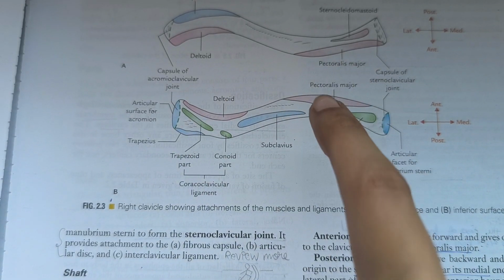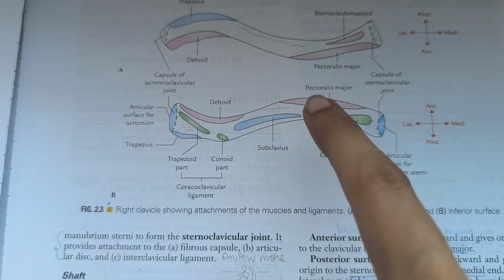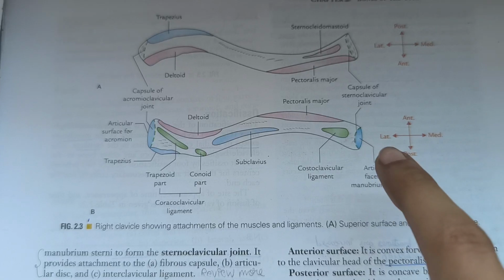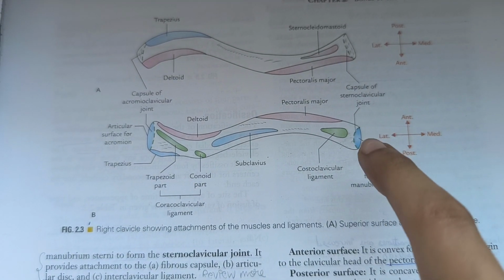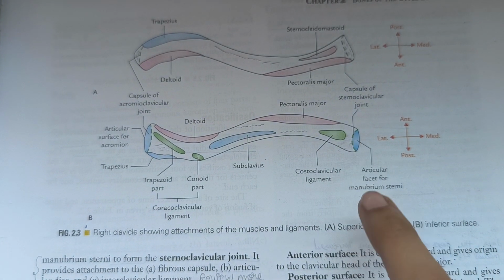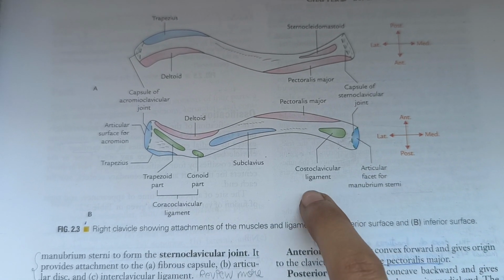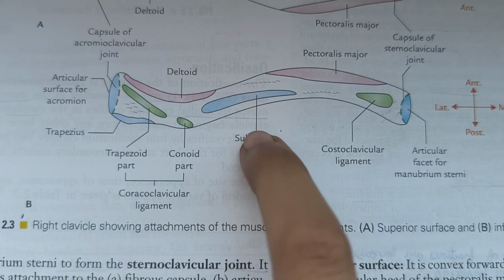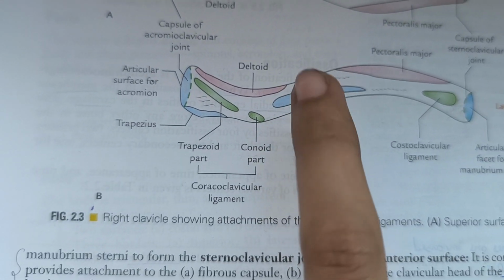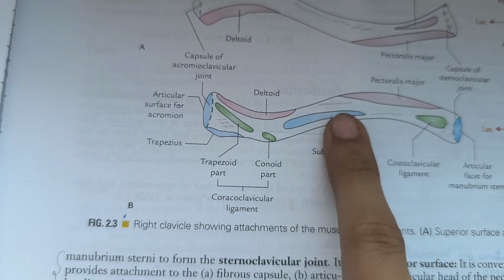So anteriorly again the pectoralis major, capsule of sternoclavicular joint, articular facet for manubrium sterni, costoclavicular ligament, subclavius insertion, which is in the inferior view. This is the inferior view.